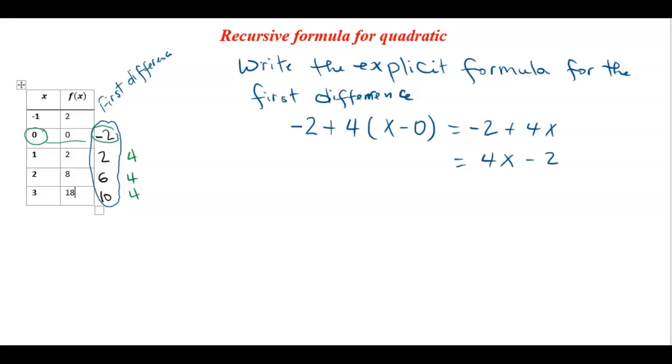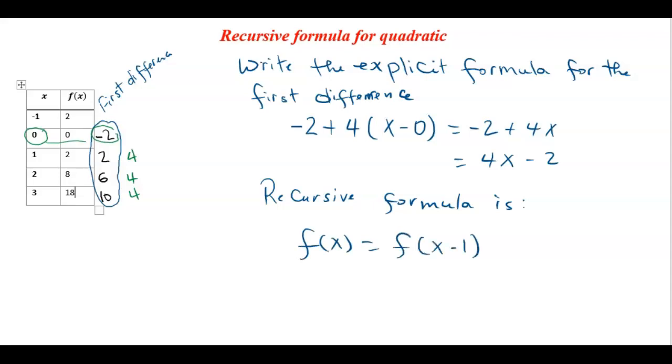Now the recursive formula for the whole quadratic is f of x equals f of x minus 1 plus whatever that thing is, that 4x minus 2, that's what we're gonna bring down here.